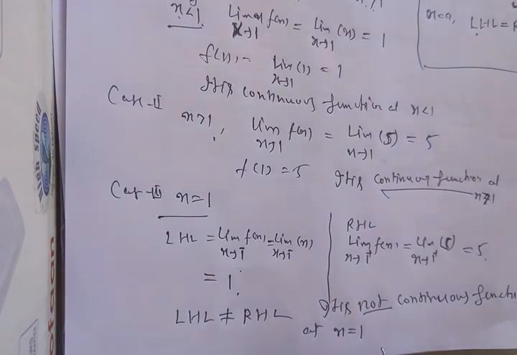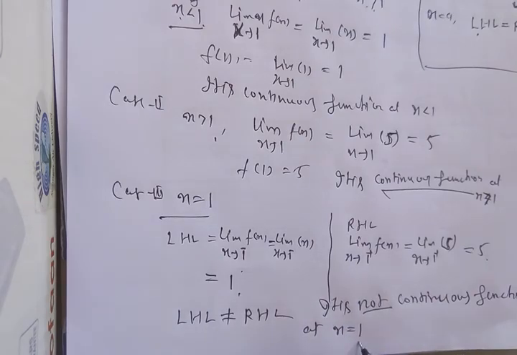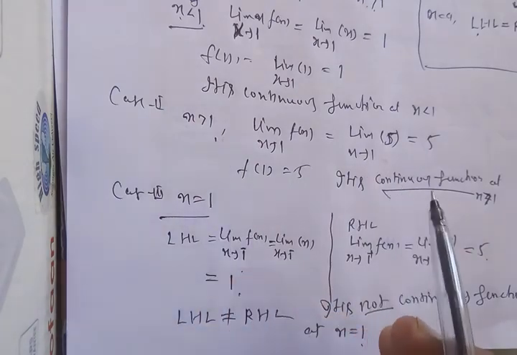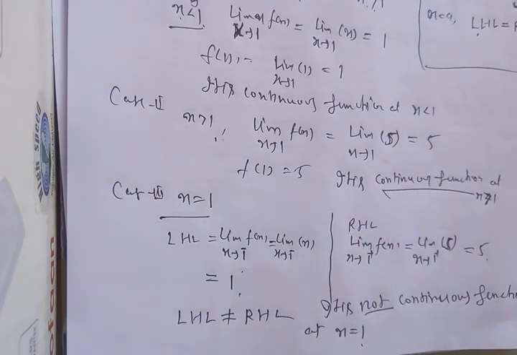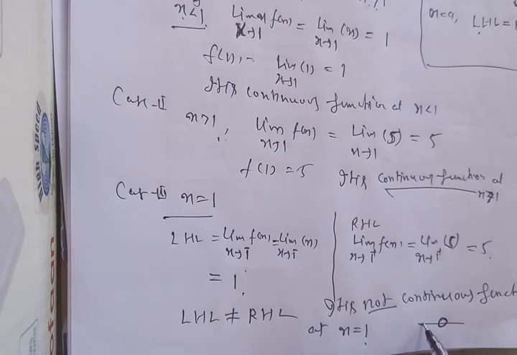The less than condition is continuous and the greater than condition is continuous, but at x equal to 1 the function is not continuous, so this point is blank. Clear?